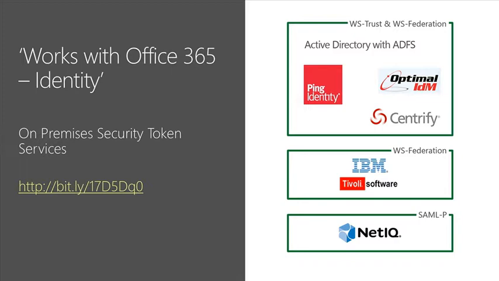So Shibboleth can't use the Office 365 Pro Plus licensing, can't use Lync or Word, Excel downloads from SharePoint, but you can use Outlook, and you can, of course, use all the web applications. I've got a link here to some more information about the Works with Office 365 program.